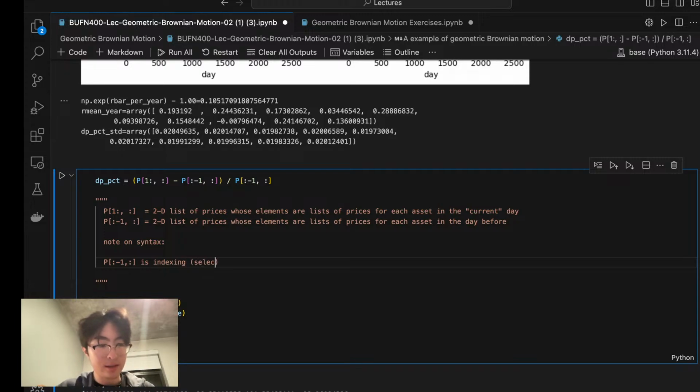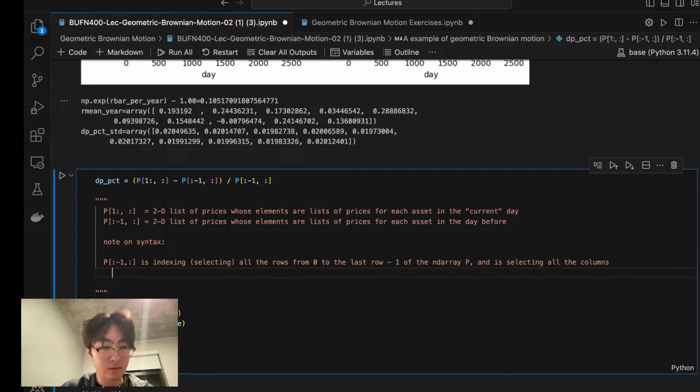We'll call it selecting all the rows from 0 to the last row -1 of the ND array P. The colon function is selecting all the columns.